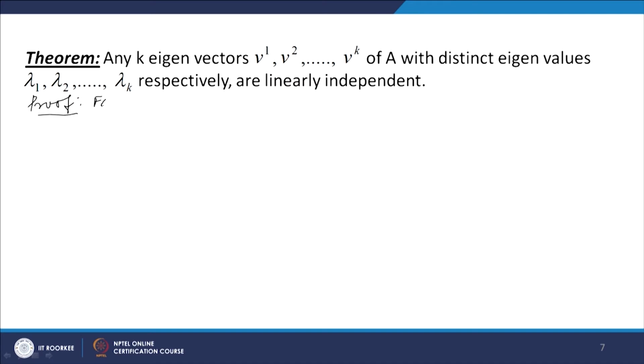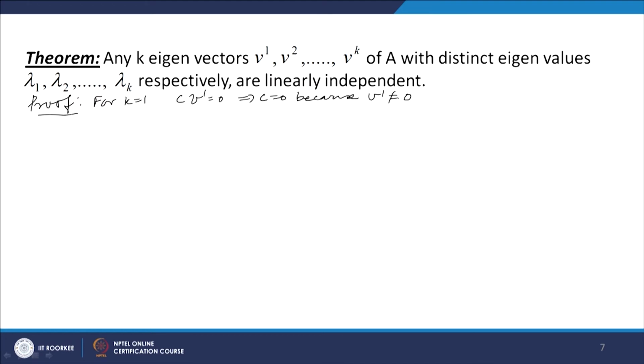For k equal to 1, the eigenvector B1 is clearly linearly independent, because if you take a constant C times B1 equal to 0, then this implies C equal to 0, because B1 is an eigenvector, so B1 is not equal to 0.